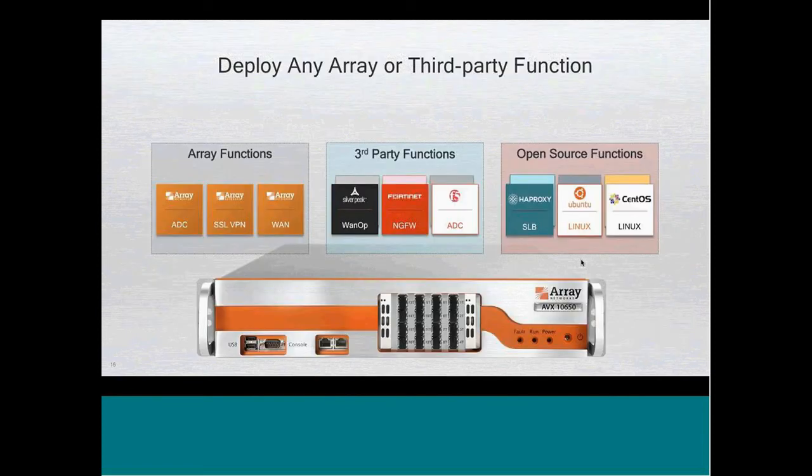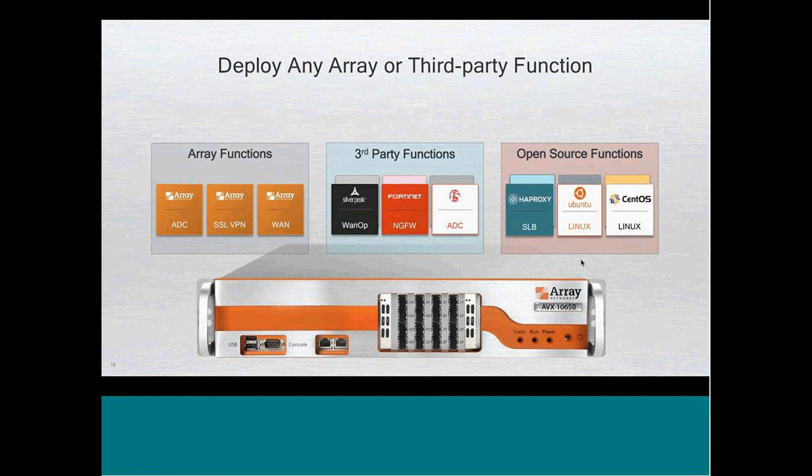We're going a little bit more into details now. On the bottom of this picture is an actual photograph of one of Array's platforms called the AVX 10650. It's one of the higher-end platforms, and I will go over the actual platforms later in the presentation. But this platform is capable of running three classes of applications.